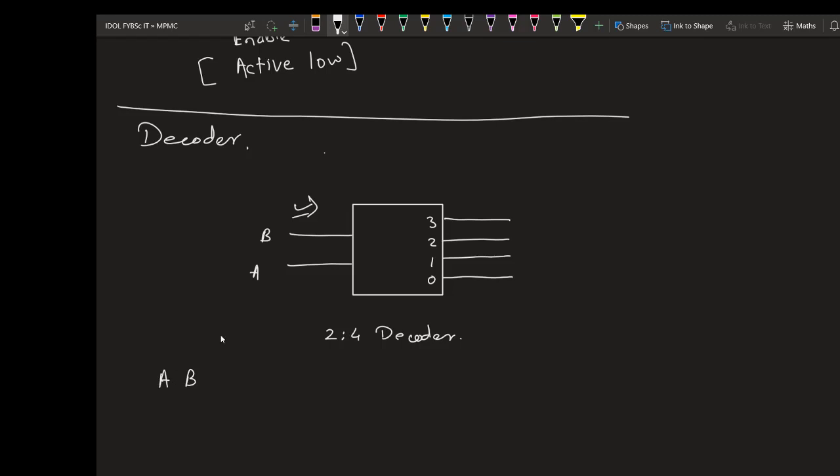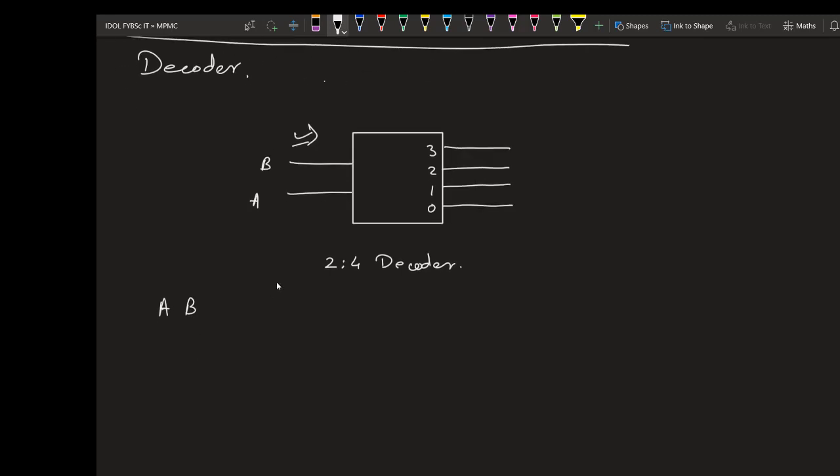Whenever A is 0, B can be 0 or B can be 1, and whenever A is 1, B can be 0 or B can be 1. So this way, there are 4 possible combinations present at the input.